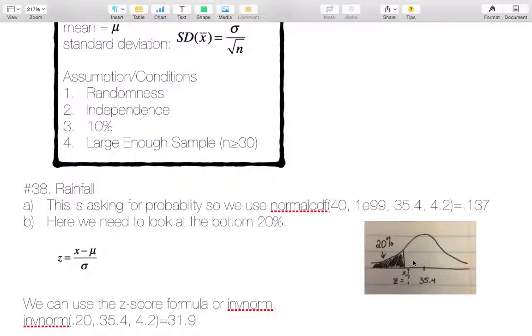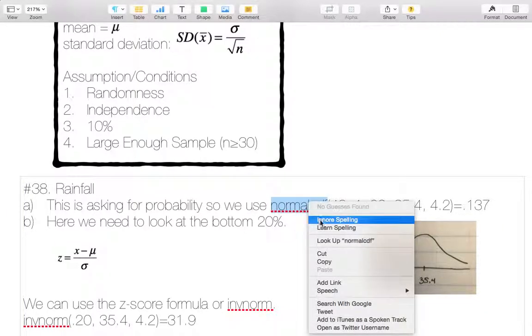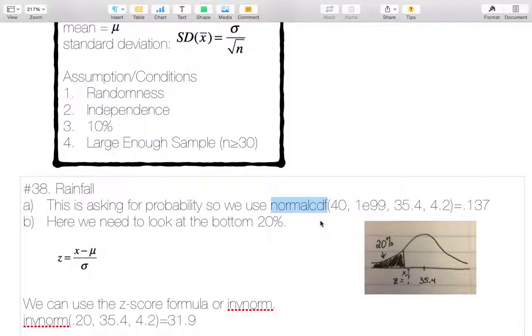Recognize that I'm not asking for probability, so that means I cannot use normal CDF. If I was using normal CDF, it would be what is the probability of the following things. It's not asking that. It says what is the number of inches of rain that marks off the bottom 20%. So in other words, it's asking for the 20th percentile. It's the same thing as on a standardized test.